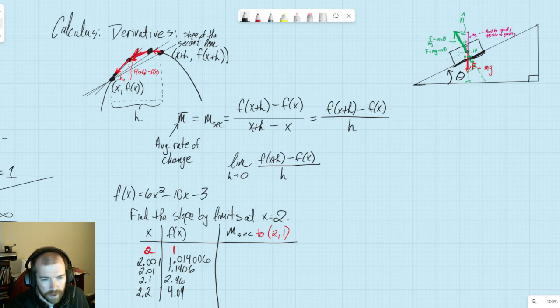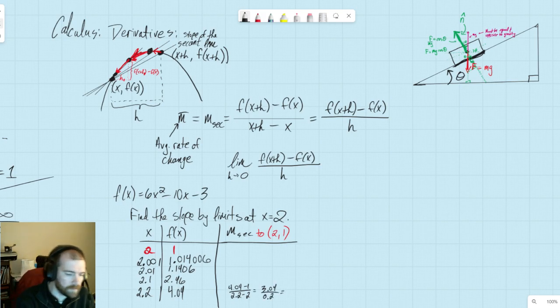So this one here, we got 4.04 minus 1 divided by 2.2 minus 2, which is going to be 3.04 divided by 0.2. Alright, which is going to be 15.2.